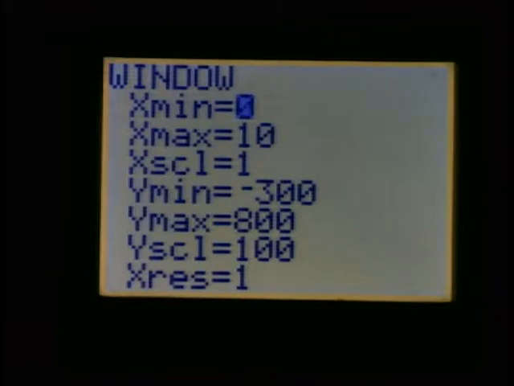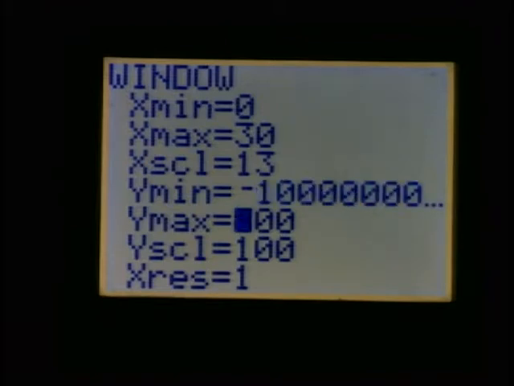Now I need to quickly build a viewing window. So let's go to 30 hours, 0 to 30 hours, and put tick marks every 13, which we know is our doubling time. And let's put the bottom of the screen at negative 10 to the 9th.